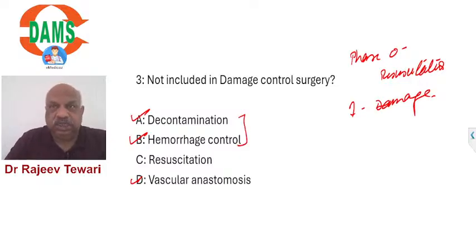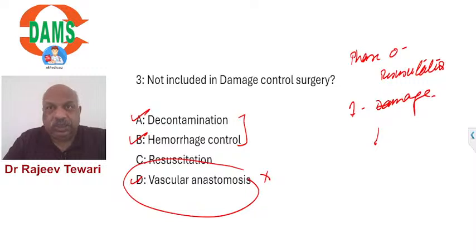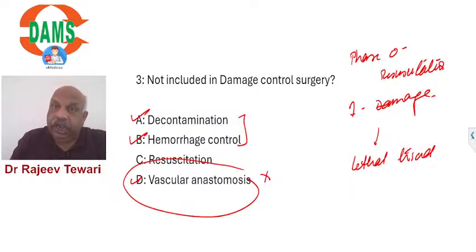No further injury, this is what you do. Definitive repair is not done in damage control. Keep the abdomen open, called laparostomy. Shift the patient to ICU for the management of lethal triad. And what is lethal triad? Lethal triad is acidosis, hypothermia and coagulopathy. You manage that. And again you bring back the patient to OT within 24 to 48 hours. Then you do definitive repair.